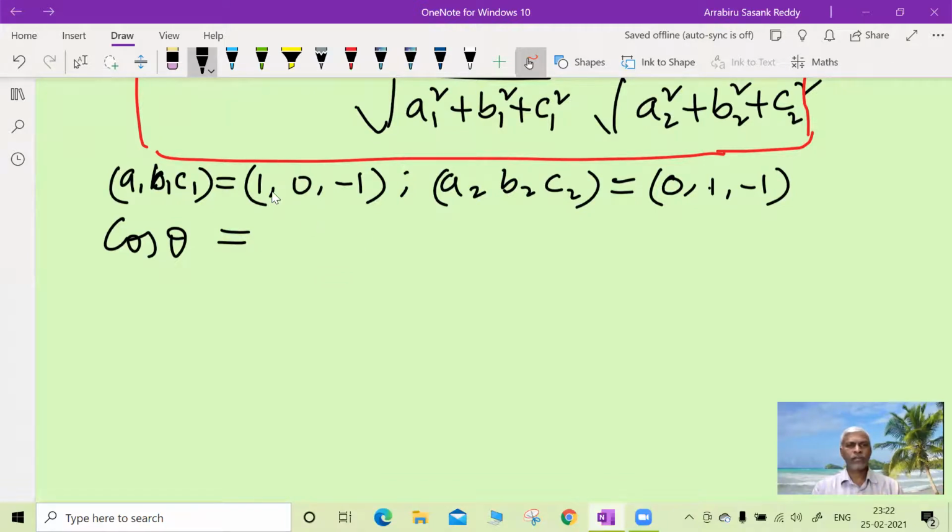So A1 A2 is 1 into 0, B1 B2 is 0 into 1, C1 C2 is minus 1 into minus 1.